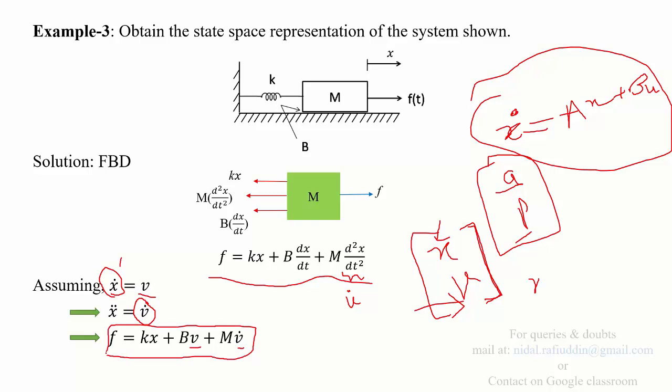Had you not written this term in the form of v, let us assume I left this expression as F equal to kx plus b x dot plus m v dot, we cannot obtain the state equation from this relation unless we have only one variable with a derivative.